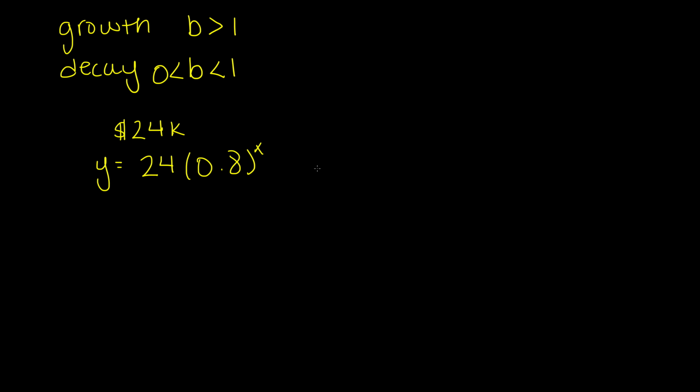The first part of this is we have to identify, am I working with a growth or a decay? I know just personally from car buying and car reselling, the car value never actually grows. So we should be seeing a decay in our equation. Looking at our base, we do have a decay. So b is less than 1 and greater than 0. So we are working with a decay.